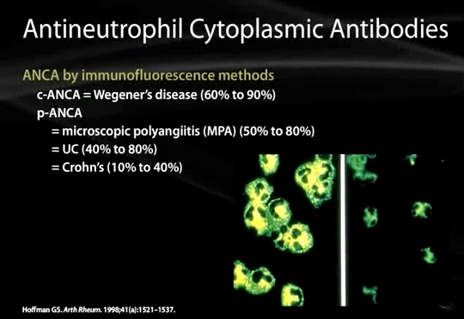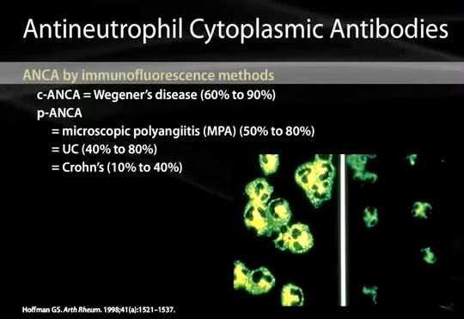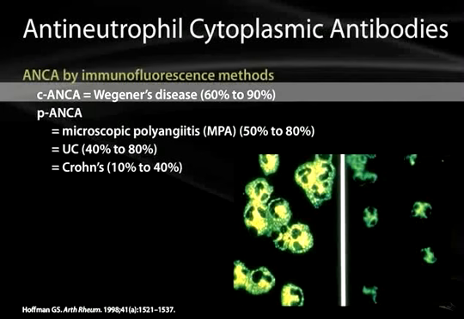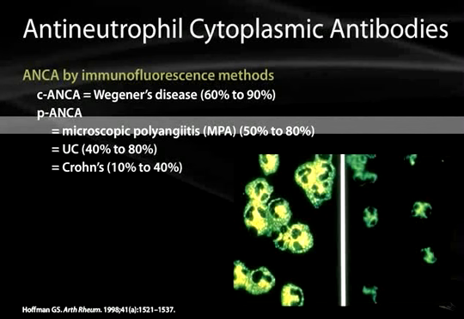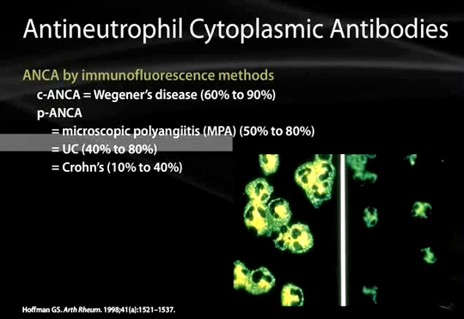The anti-neutrophil cytoplasmic antibody, or ANCA, looks at immunofluorescence of various types of antibodies within the neutrophil cytoplasm. C-ANCA can be seen in Wegener's disease, in 60 to 90% of cases. P-ANCA can be seen in microscopic polyangiitis or in ulcerative colitis or Crohn's disease.